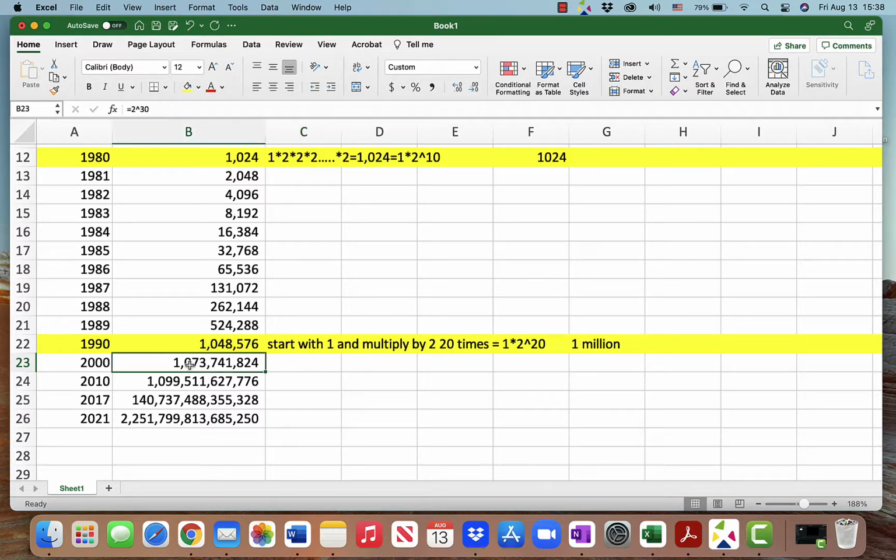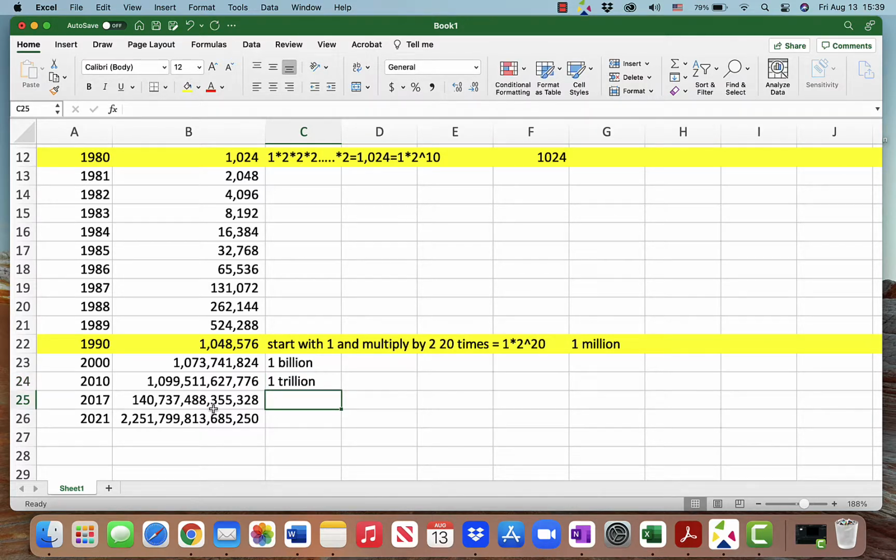This one has 3 periods. Each one is 3 digits, so it's 1 followed by 9 digits, making it a 10 digit number, in billions. So this is 1 billion. The next one is 3, 6, 9, 12. 4 periods, 12 digits, so that is in trillions.